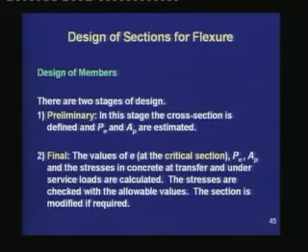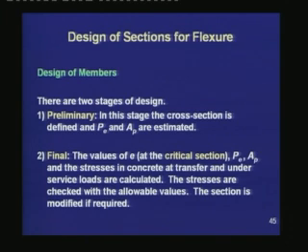The design steps are divided into two groups. One is the preliminary design and next is the final design. In the preliminary stage, the cross section is defined and the effective prestress and the area of the prestressing steel are estimated.